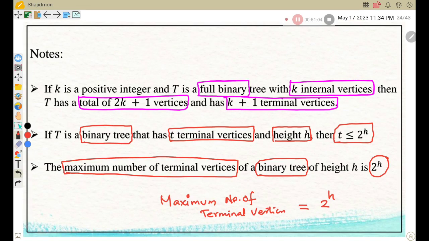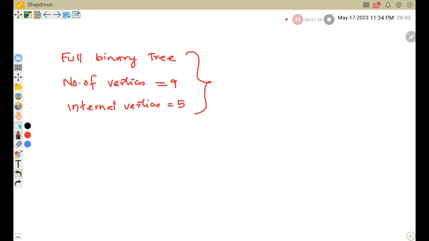If T is a full binary tree with k internal vertices, then the total number of vertices is 2k plus 1 and the number of terminal vertices is k plus 1. Keep this in your mind for checking. What are the things given? The number of vertices is 9, and in a full binary tree the number of vertices is 2k plus 1, so 2k plus 1 equals 9. The internal vertices equal 5, so k equals 5.